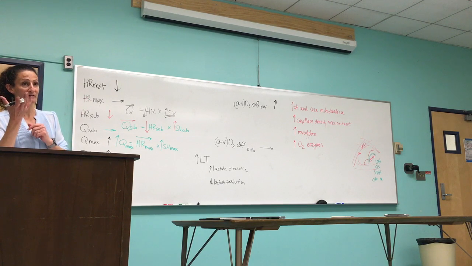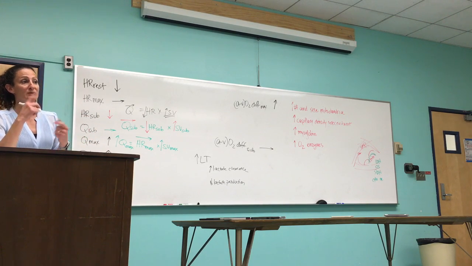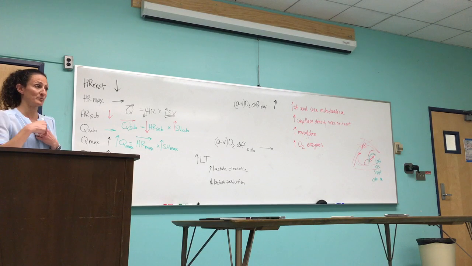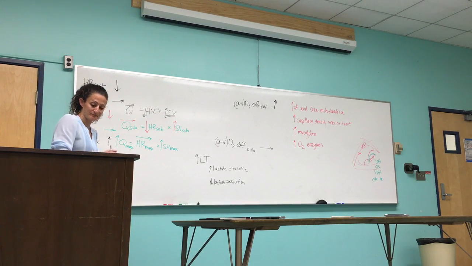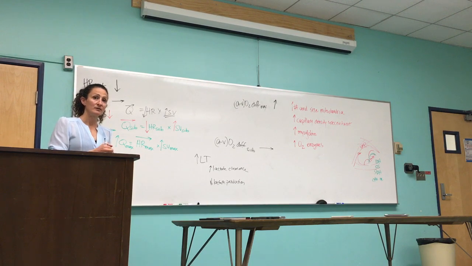The trained person has a higher lactate threshold, so they're not going to be producing as much lactic acid at that intensity. So their pH will be higher. Remember, the more lactic acid you have, the lower your pH. Lactate production is lower at the same intensity, yes.